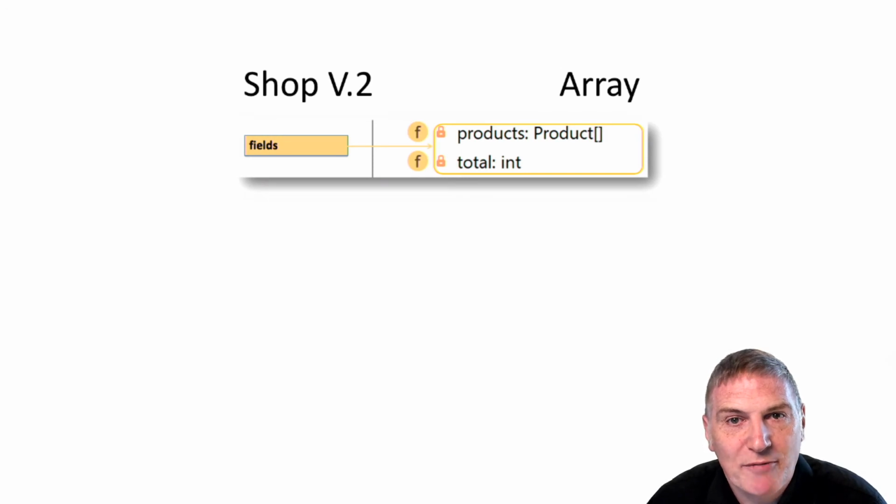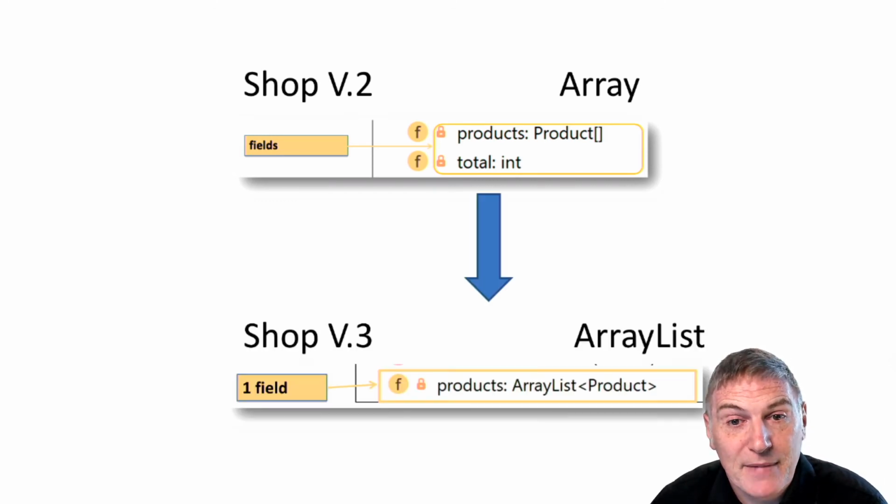So we've gone from shop version 2 in our last talk, which had an array of product, and we had a field called total to keep track of how many products were in the array. And we've changed that now in version 3 to use an array list of product.